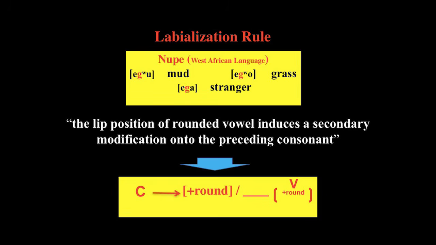So a consonant gets rounded whenever it is followed by a rounded vowel. C becomes plus round whenever it is followed by a V, which is plus round.